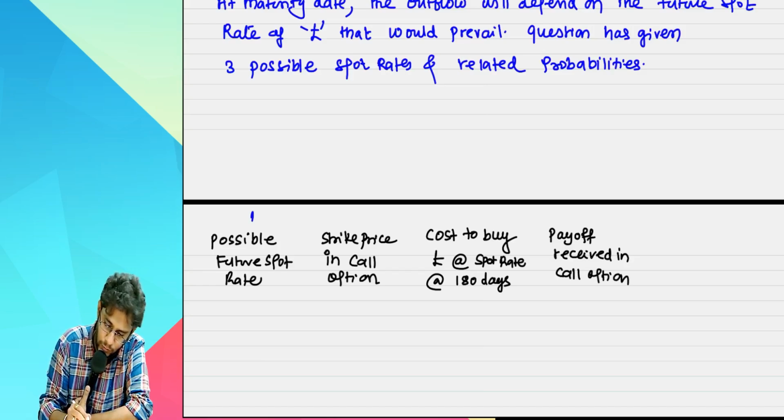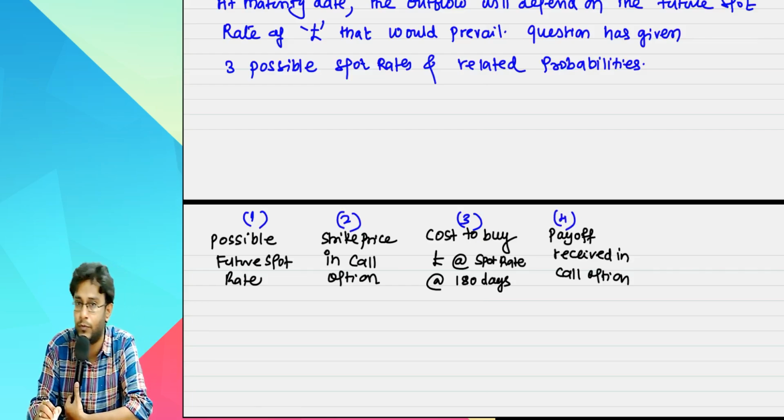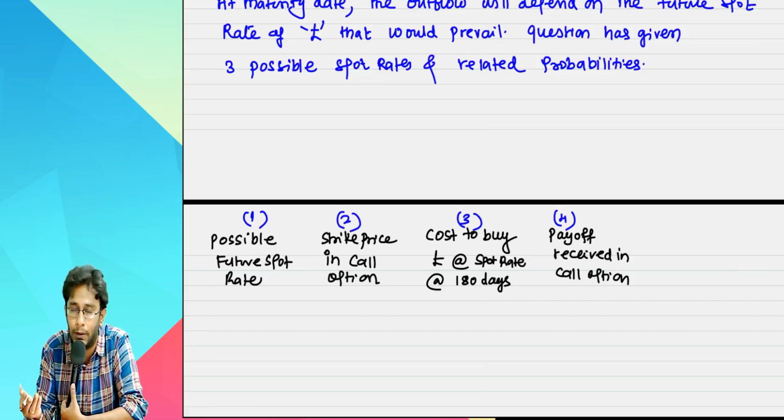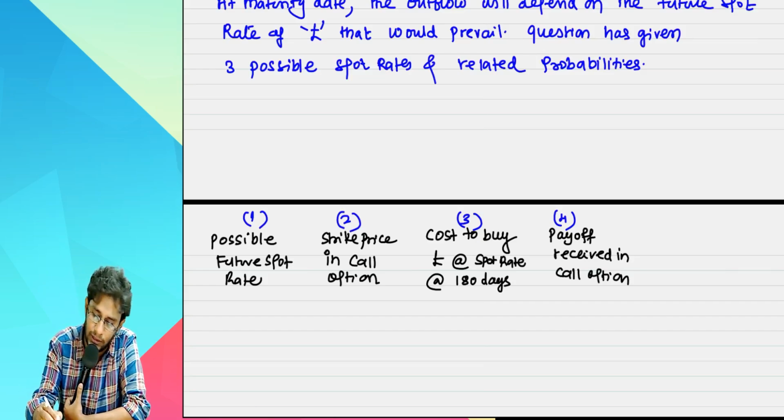So this is your 1, 2, 3, 4. Third column is your outflow because you have to buy pound. Fourth column will be your inflow because your call option may get exercised. Your net outflow will be 3 minus 4.